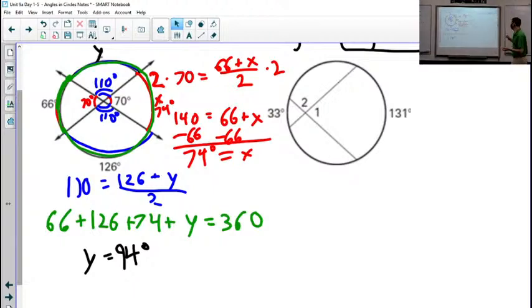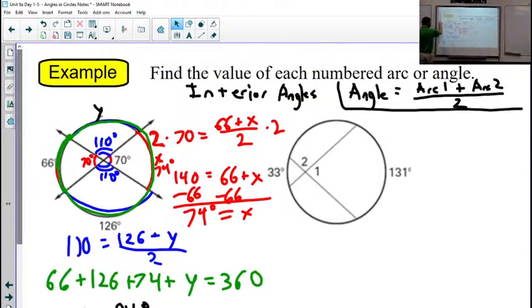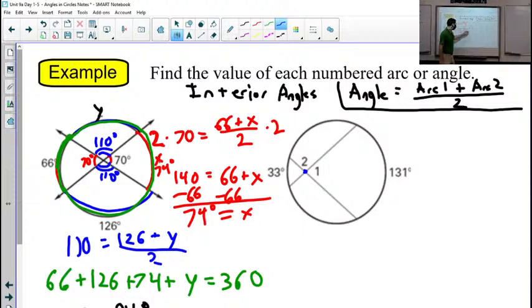All right. Next up. Angles are still inside the circle. Boom, right there. We're going to start with angle 1. Angle across from it is this one. So we're going to trace out those arcs.